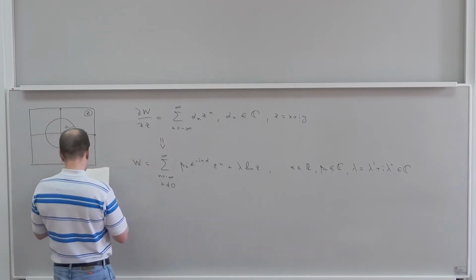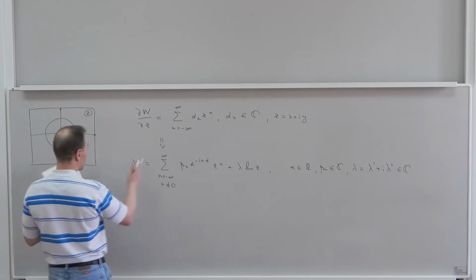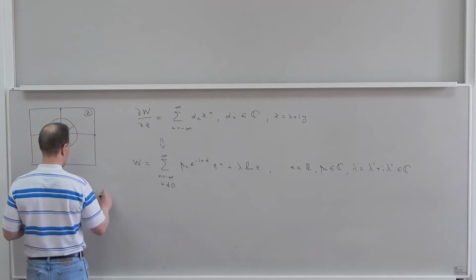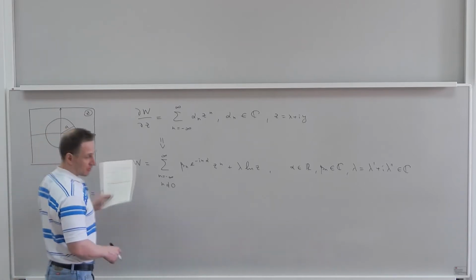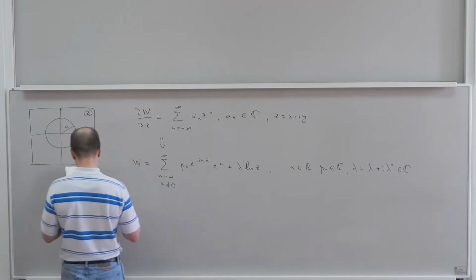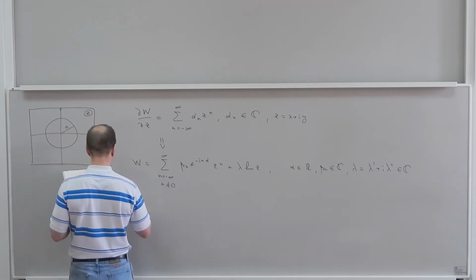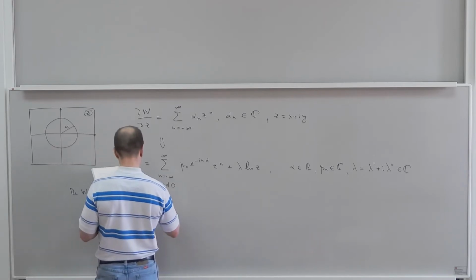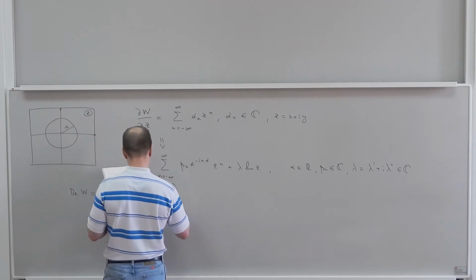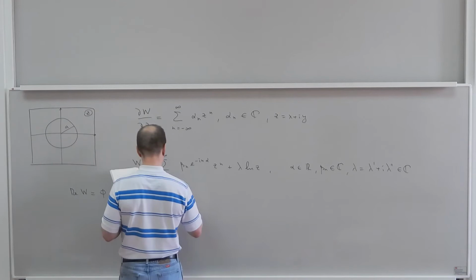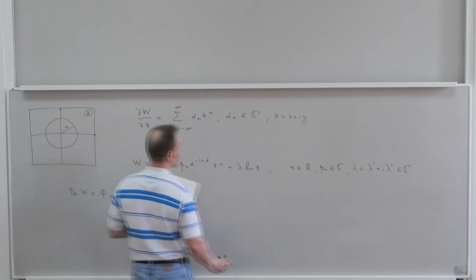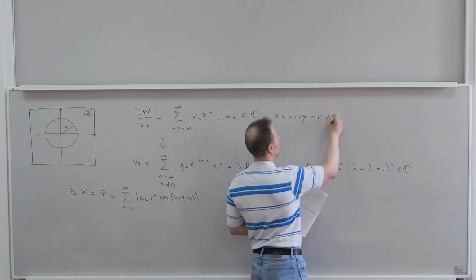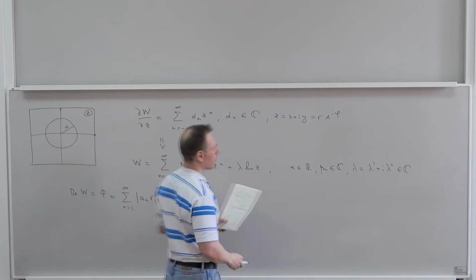So then we can find the real part of this complex potential by the standard means, and it can be written in the following form. I remind you that this complex variable can be represented in exponential form, in this form.